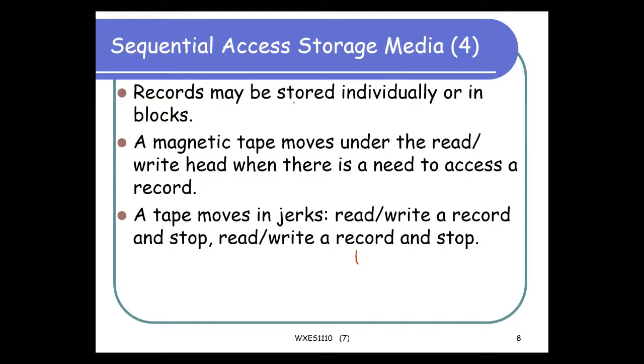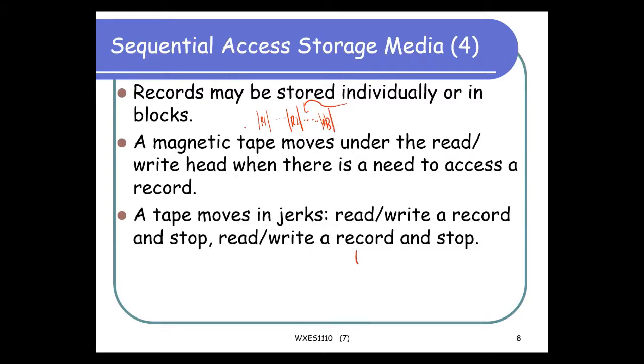Records may be stored individually or in blocks. Individually means this one is record number 1, then you must allocate some space, and this is record number 2, and so on, record number 3.